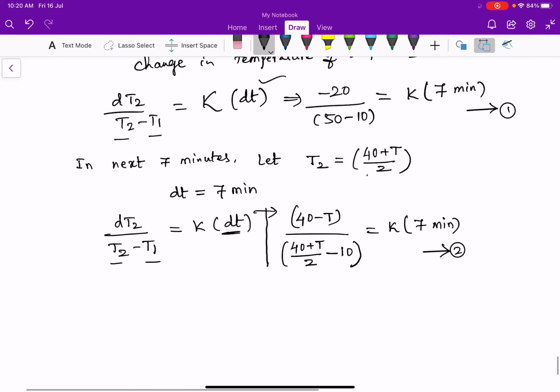So from equation number 1 and 2, I am doing equation 1 by 2.